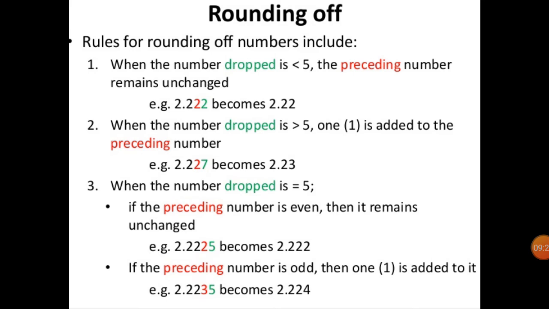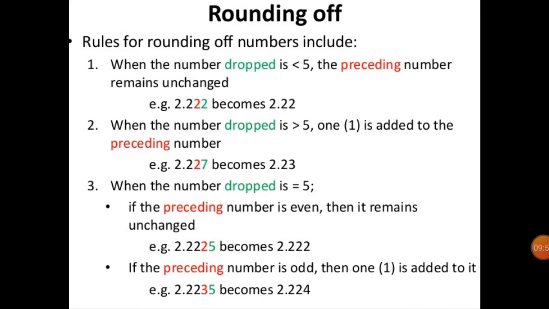And when the number dropped is equal to 5, there are 2 rules. If the preceding number is even, then it remains unchanged. One example is given over here: 2.2225, and we are removing 5. Then the number becomes 2.222, as the last digit is an even number, so there is no change.